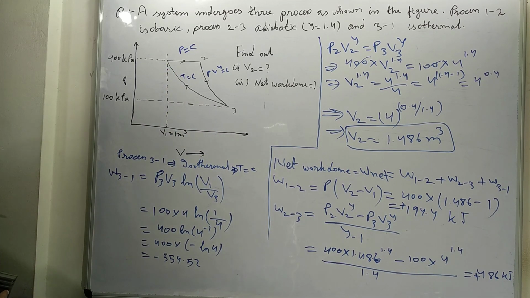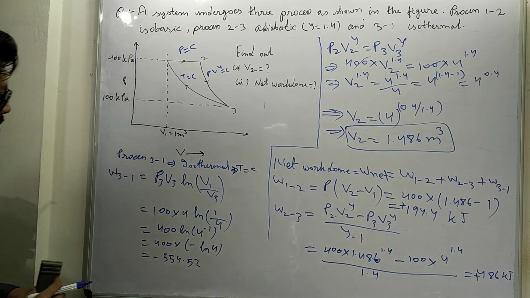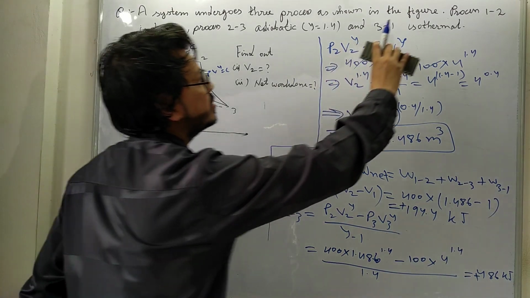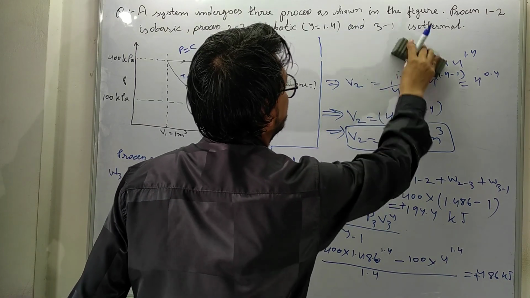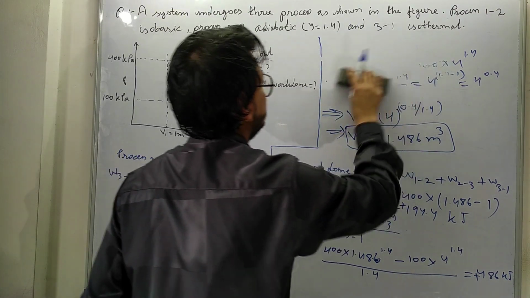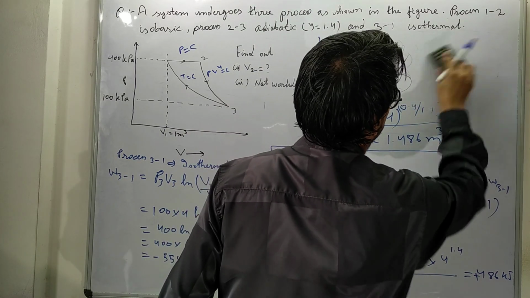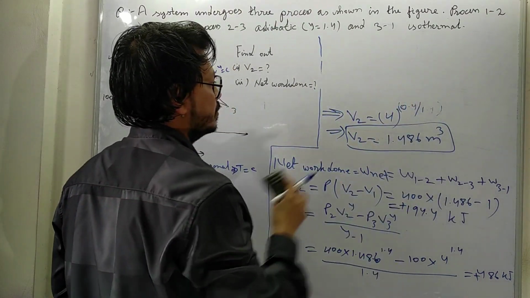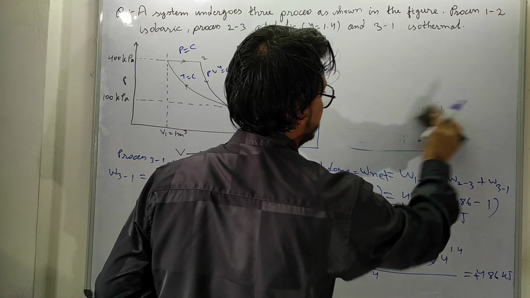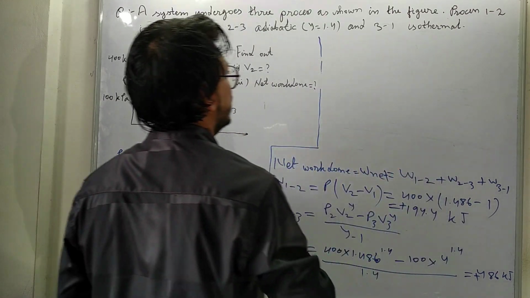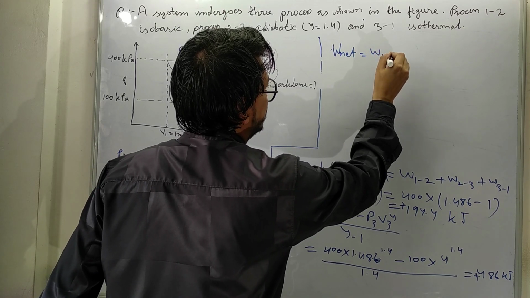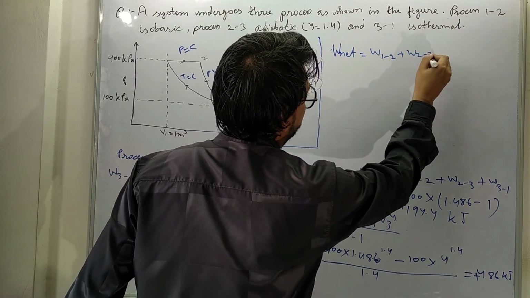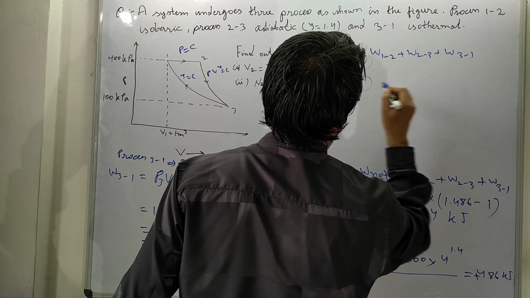So the net work done, we have to calculate the net work done. W net is equal to W by process 1 to 2 plus W by process 2 to 3 plus W by process 3 to 1.